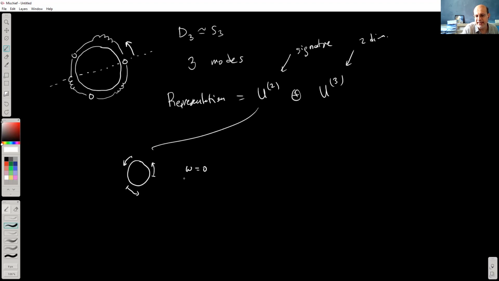I said that this is like an oscillator with frequency 0, with no restoring force. You can think of it as a limiting situation: you can place an oscillator for that mode, and when you take the limit where the spring constant goes to 0, you get this free particle.